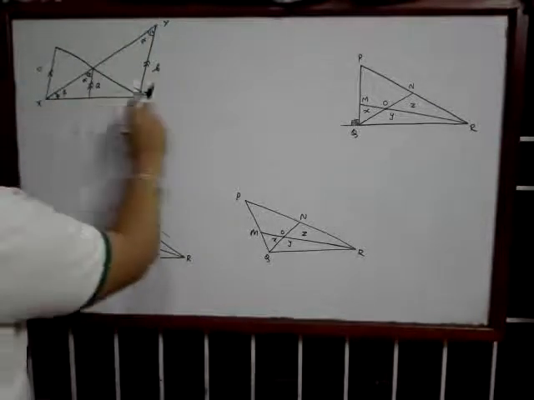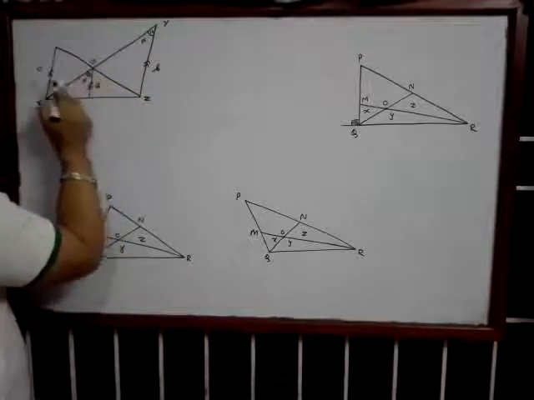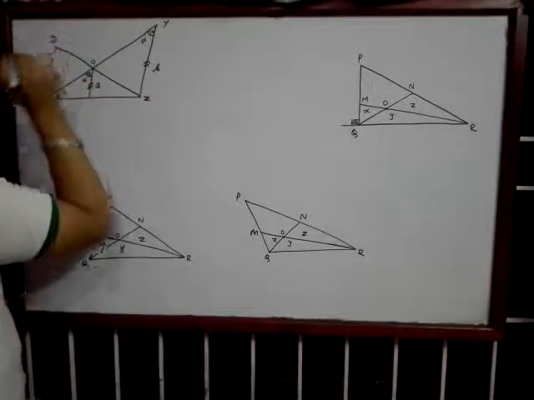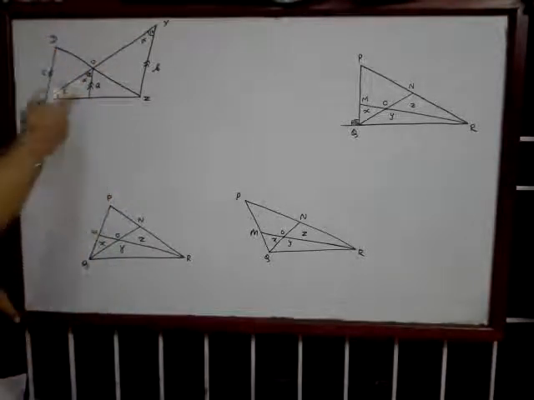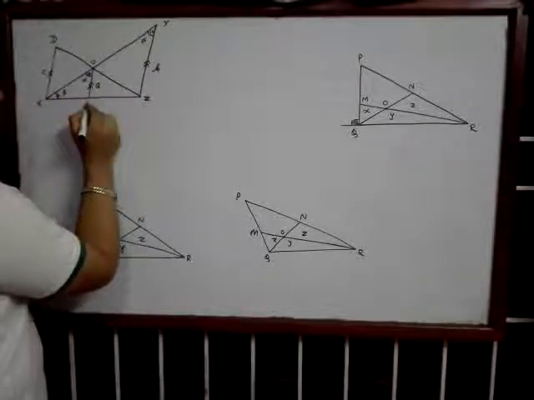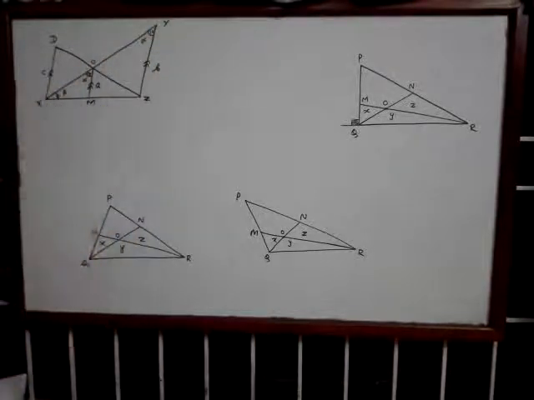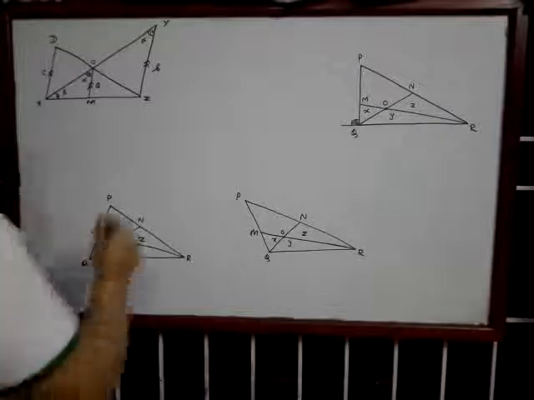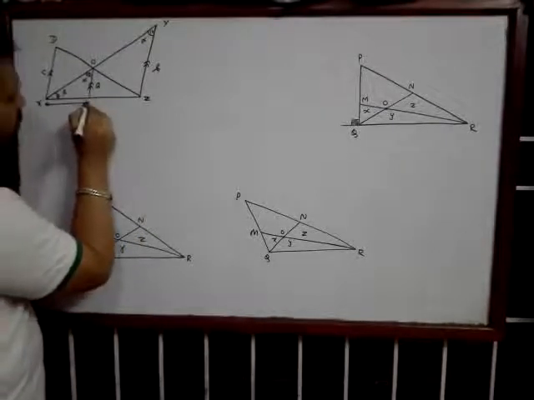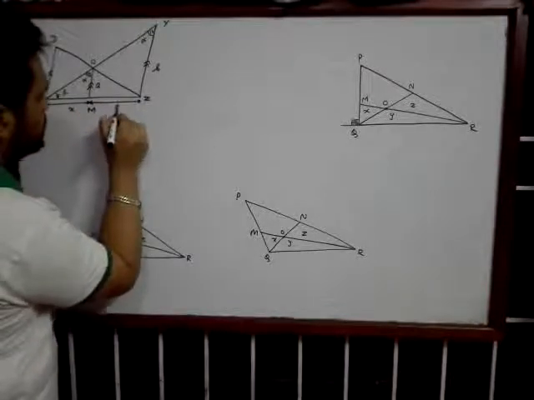So these two triangles, let's call this O, and let's call this D. Let's call this M. So the triangles XOM and XYZ are similar. So what do we get? Let's call XM as X and XZ as Y.